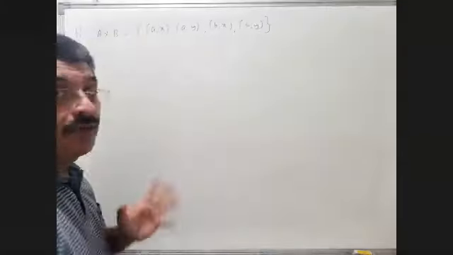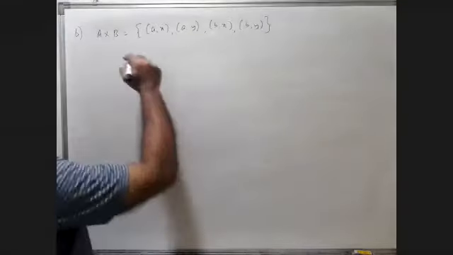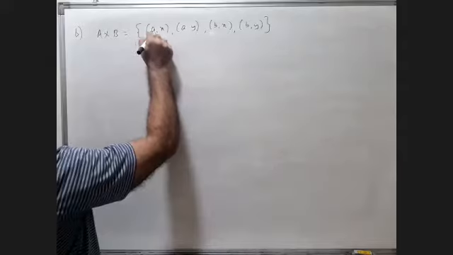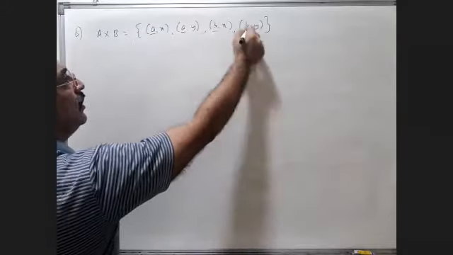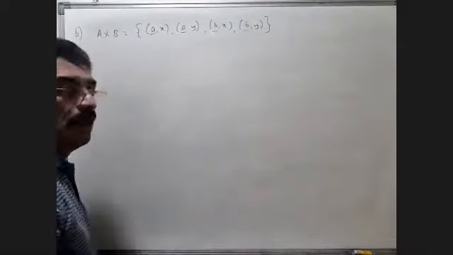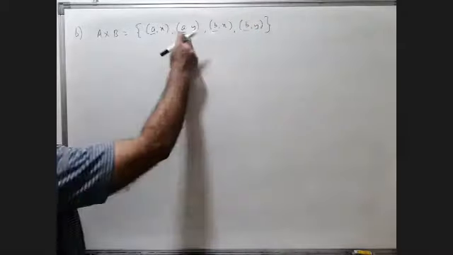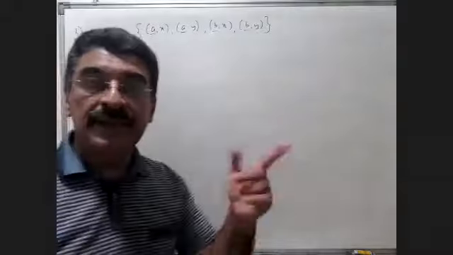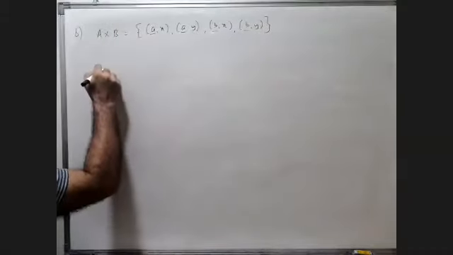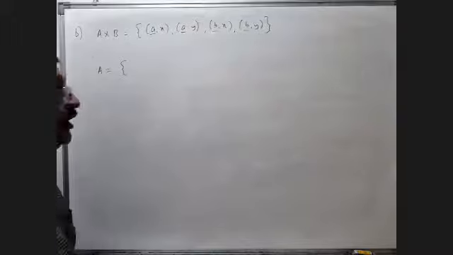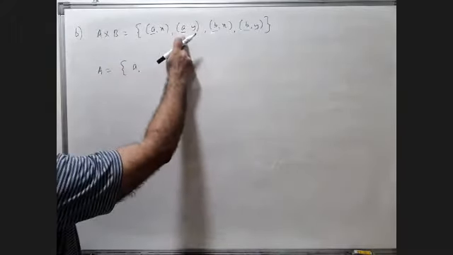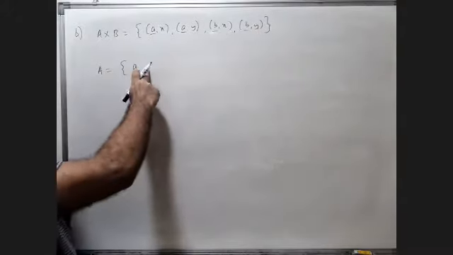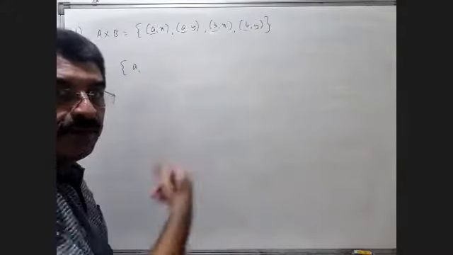Now let us check the first elements in the ordered pairs. They are A, B, and B. So therefore this set of first elements will be set A. First element A, again first element A. And in roster form we know that while writing this we don't repeat elements.